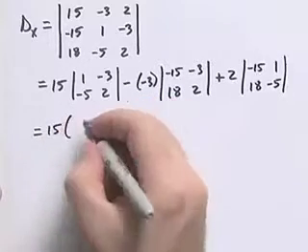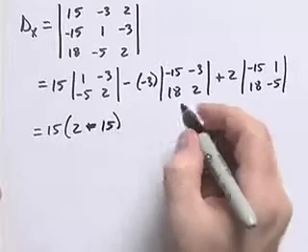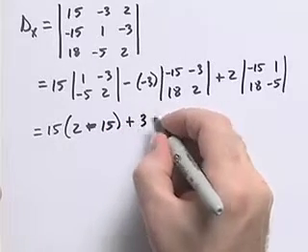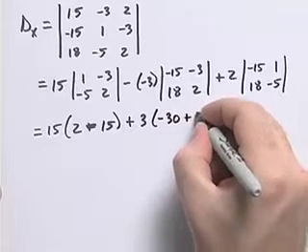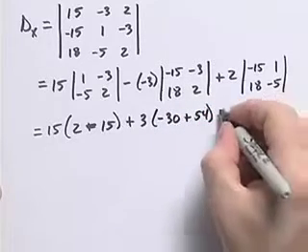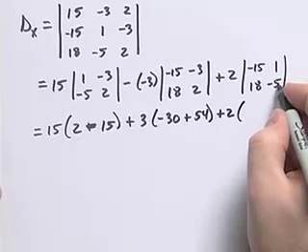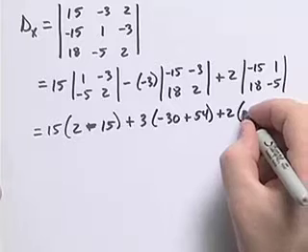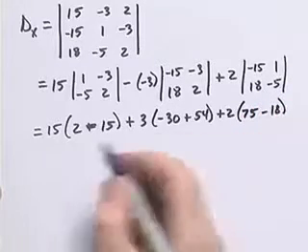We'll have 15 times 2 minus 15 plus 3 times negative 30 plus 54 plus 2 times negative 15 times negative 5 will give us a positive 75, and minus 18.